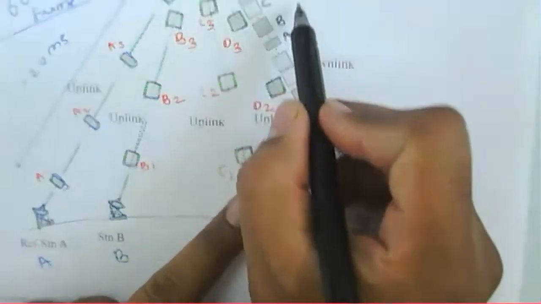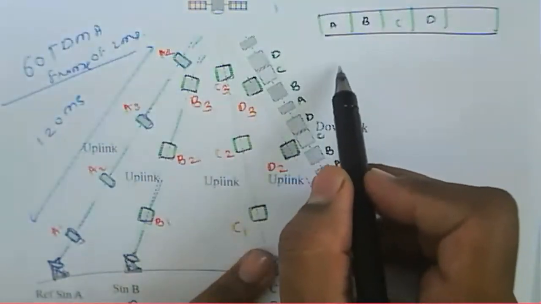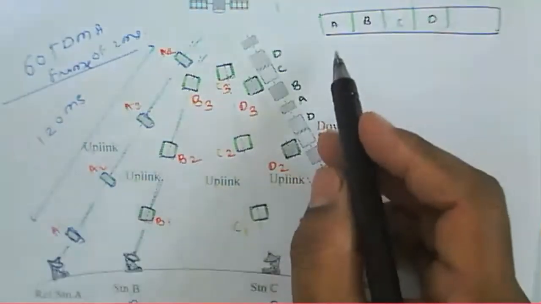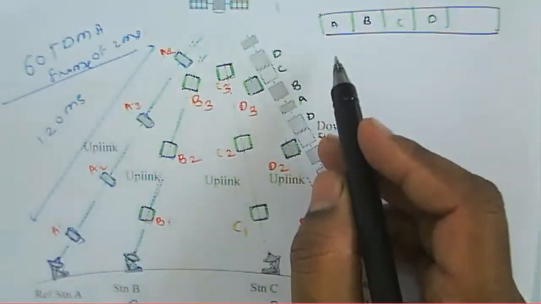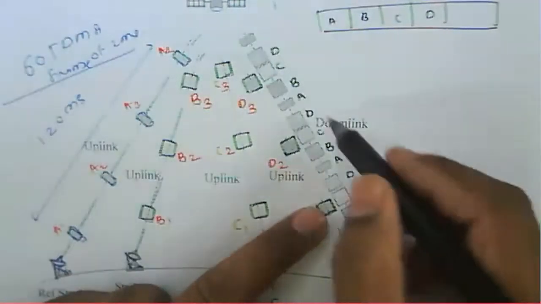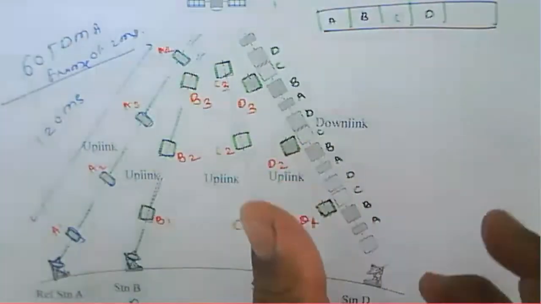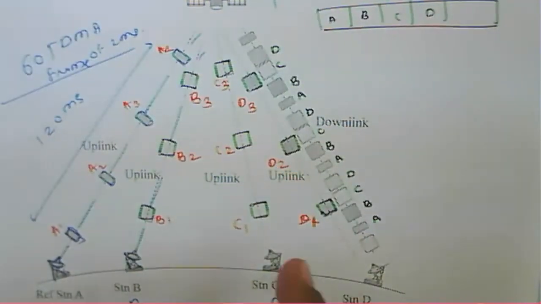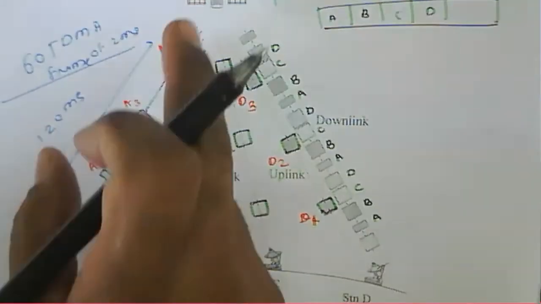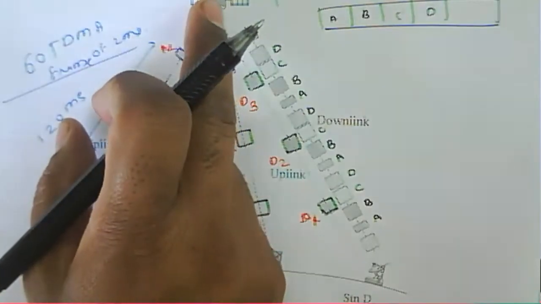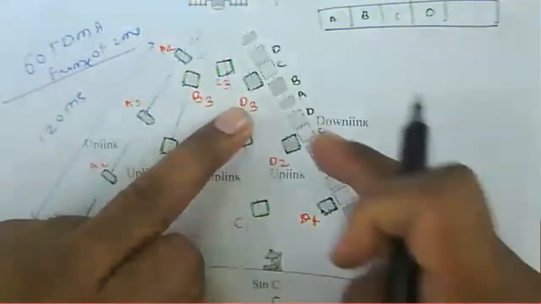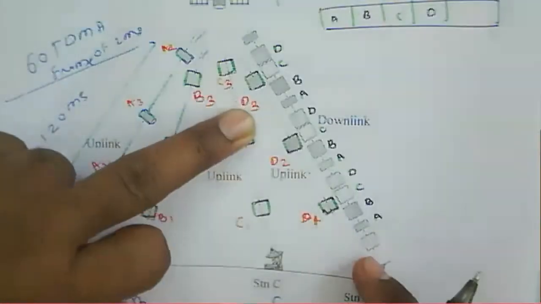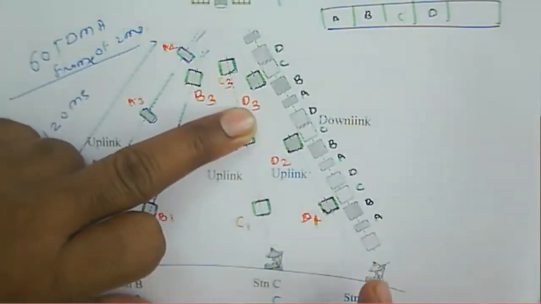Whichever position is given in the frame, that's why they will arrive in the ABCD format in that particular frame. So means that four Earth stations are transmitting the data to the satellite, and at this downlink they will receive the data.